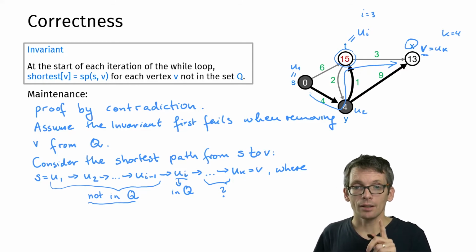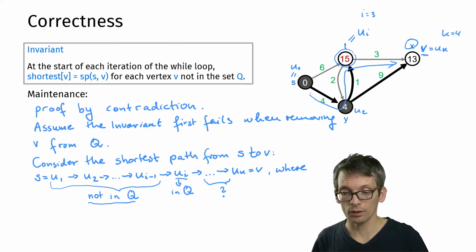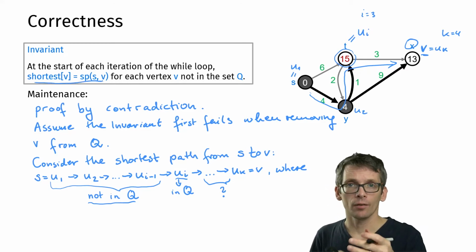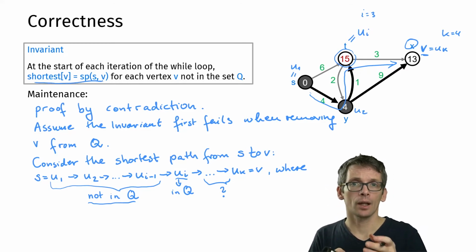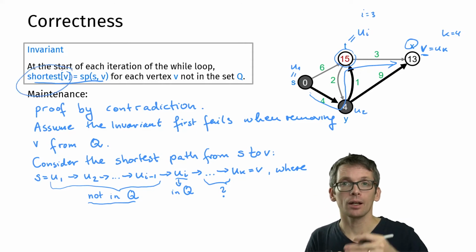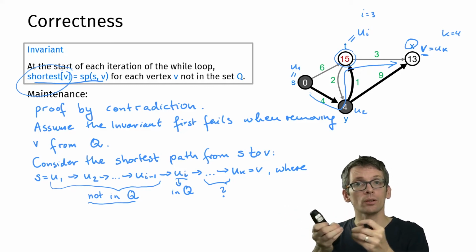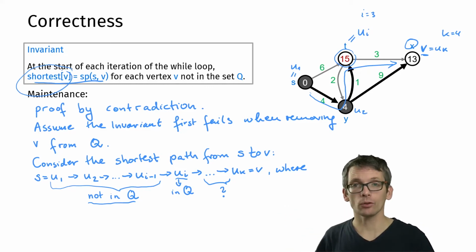Now, let's look at how we can lead this to a contradiction. So we know that for V, this equality failed, and the distance, so shortest of V, then has to be larger than the actual shortest path distance, because shortest of V always corresponds to the length of an actual path.